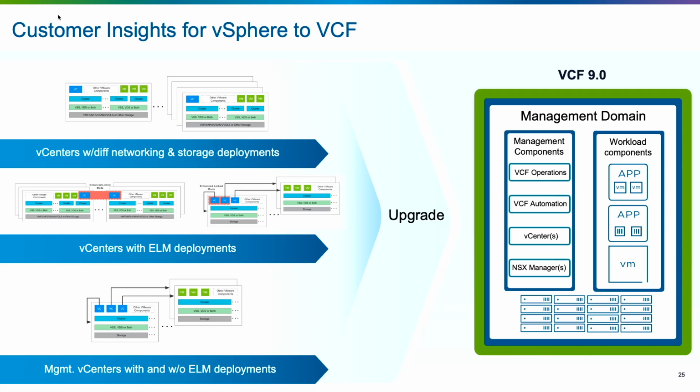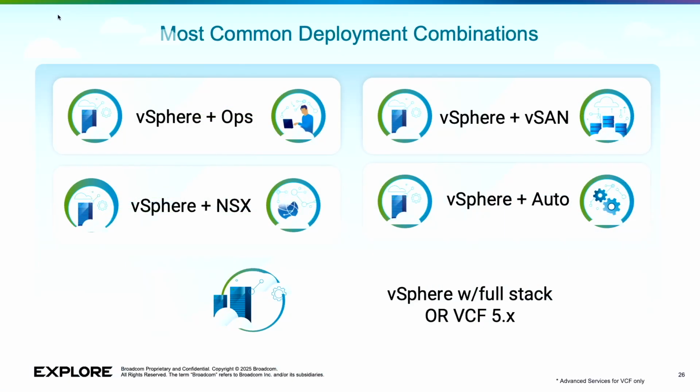So the next thing that I'll talk about is how we are trying to bring all of the information together that helps you upgrade from what you have to where you're going. We created specific insights for the different combinations that we saw in these topologies, and we came up with what we considered some of the most common deployment types, right?